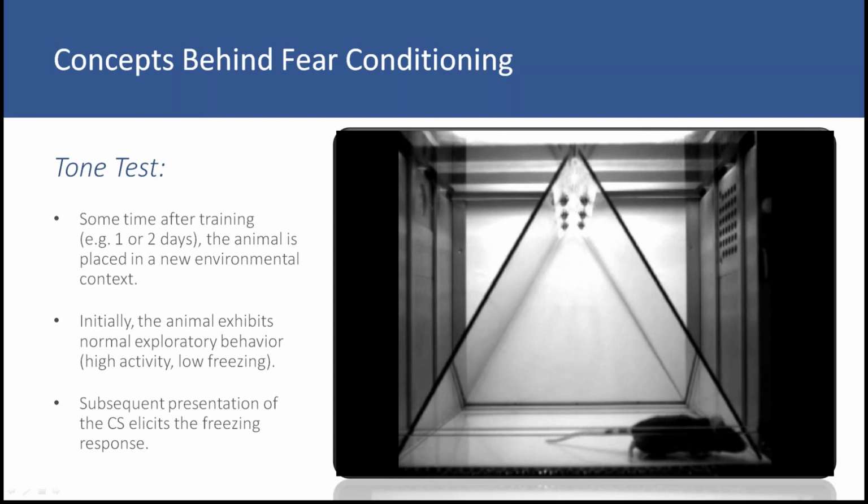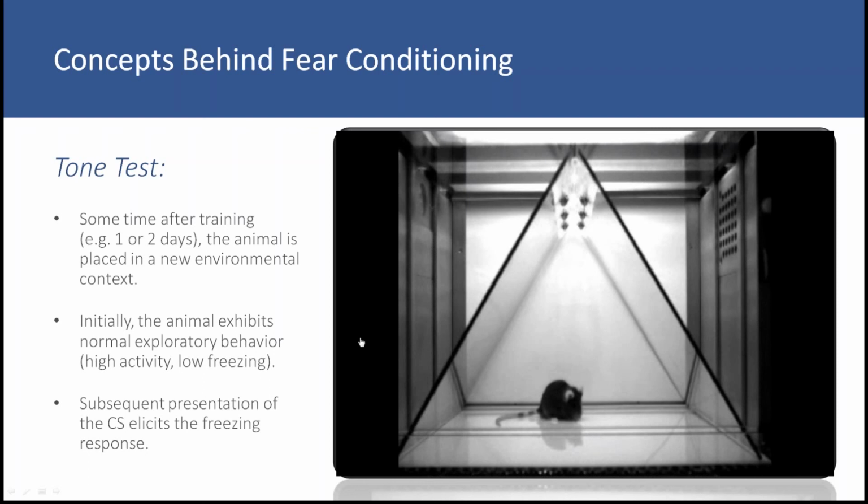And now the tone has just come on, and you see the animal goes to the center of the cage and starts to freeze. Okay. And now the tone is off. The animal moves a little bit and starts freezing again. So this is a typical reaction in a mouse that's in a fear conditioning study.